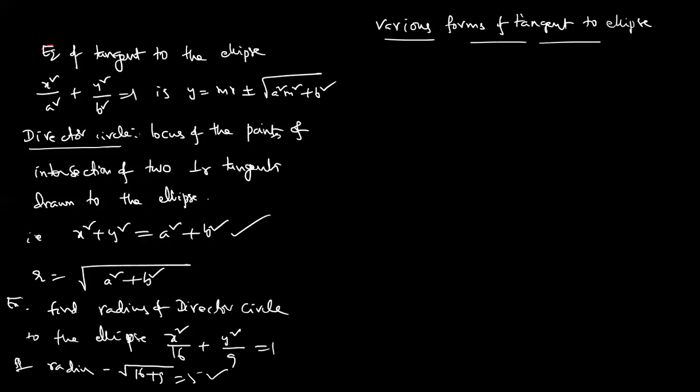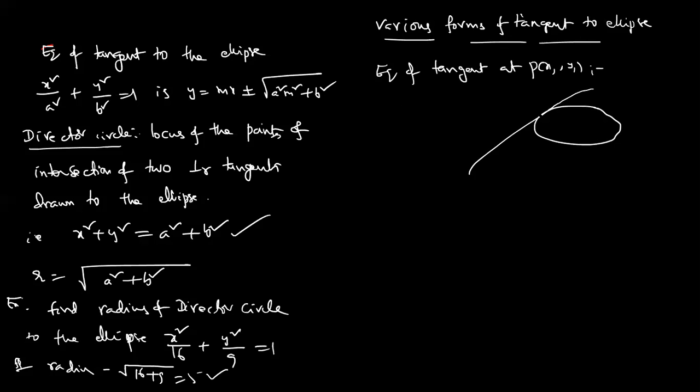Now, please write down all of you. What are the various forms of tangents to the ellipse? In this case, see. So directly I'm writing various forms. So equation of the tangent at P x1 y1, is the point P x1 y1.